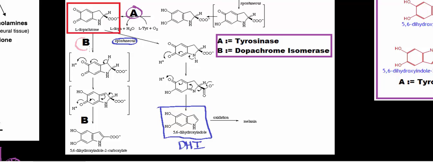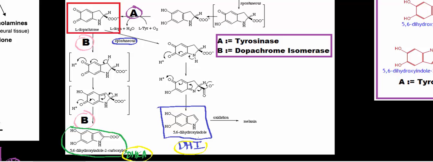So this is dopachrome tautomerase. Dopachrome tautomerase turns dopachrome into this molecule down here, which is dihydroxyindole carboxylate, also abbreviated DHICA. Okay? And these two molecules right here, these are what we call pre-monomers.